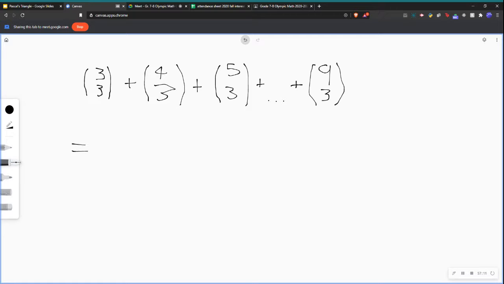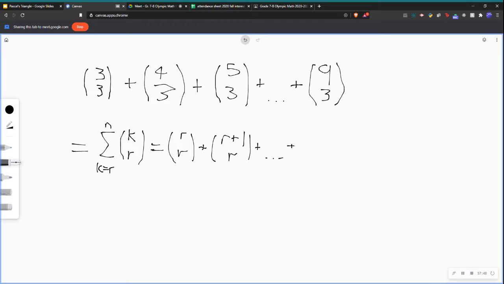But you notice that this relates to the hockey stick identity, right? You had an expression like this. You had the sum of k choose r, with n on the top, r over here, and k over here. So r remains constant, right? Remember this was r choose r plus r+1 choose r, all the way to n choose r.